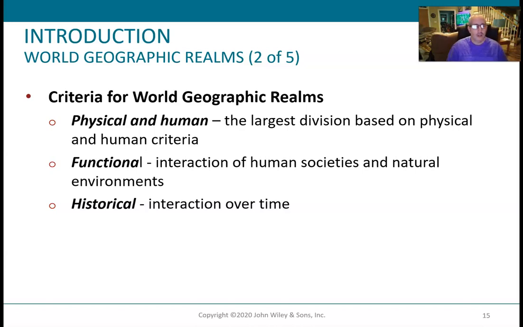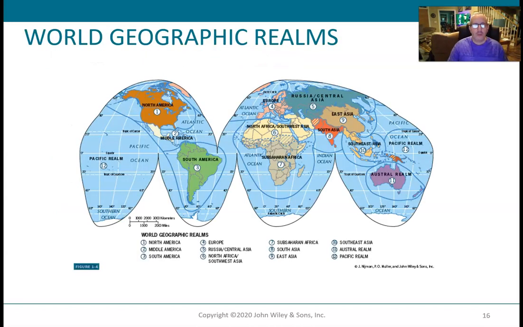Think climate. And it takes the functional interaction of human societies into consideration as well. Think something like religion, historical. How has that specific area or region interacted over time? What type of influence does it have on the earth today in the world order of things? So you put all these things together, and we came up with several geographic realms.